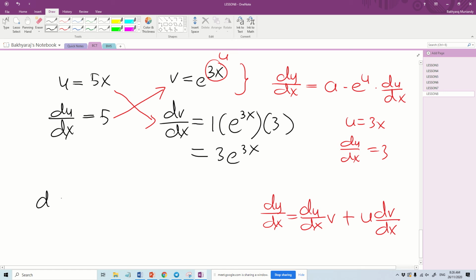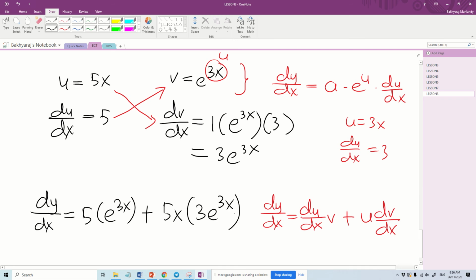The formula is du/dx times v plus u times dv/dx. So I put everything into the formula, and I'll get 5 exponent 3x plus 5x times 3 exponent 3x.